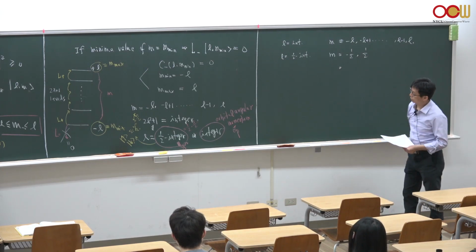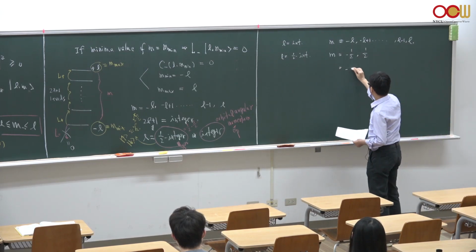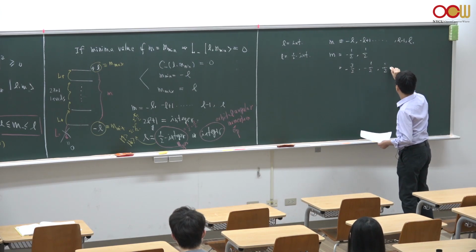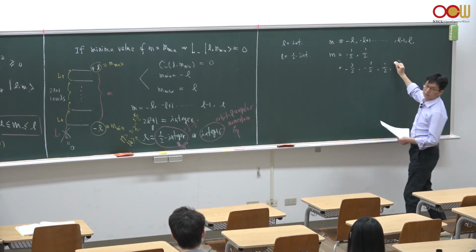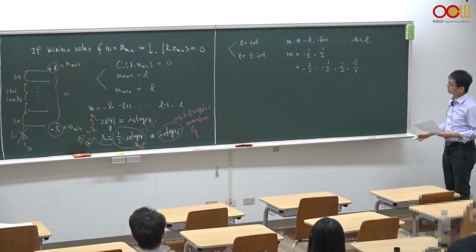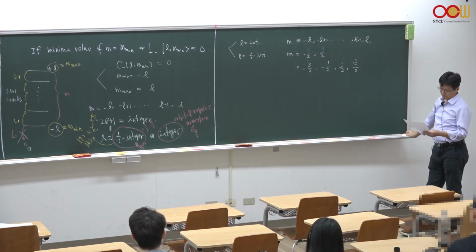If L is 3/2, n could be minus 3/2, minus 1/2, plus 1/2, and plus 3/2, and so on. The first case corresponds to the orbital angular momentum, and the second to the spin angular momentum.